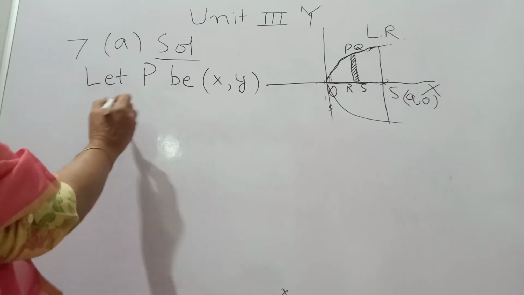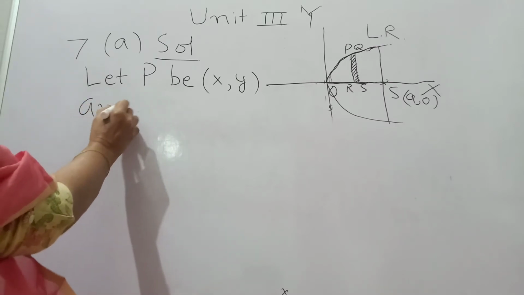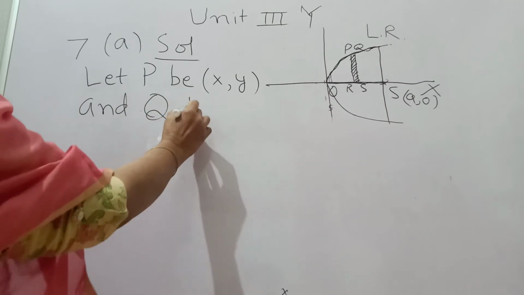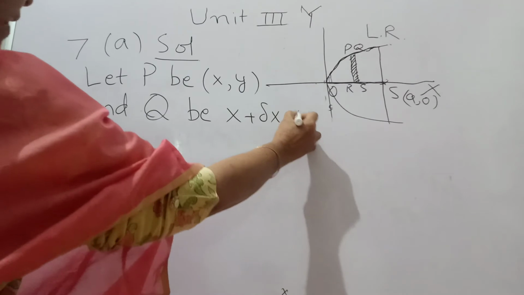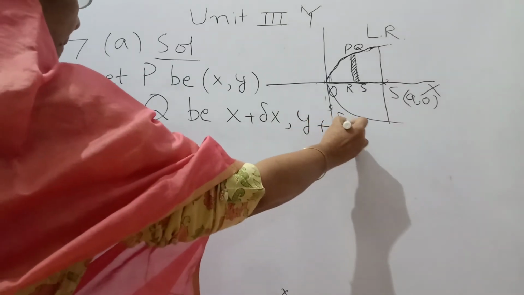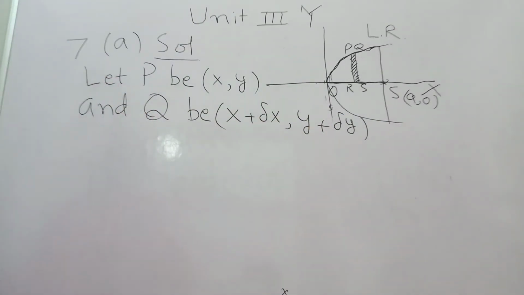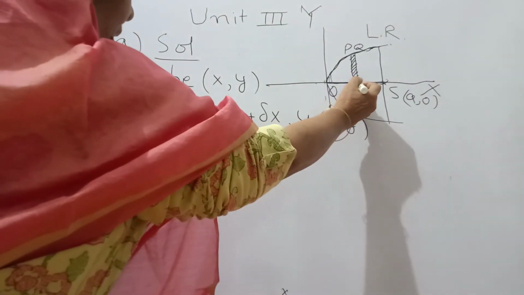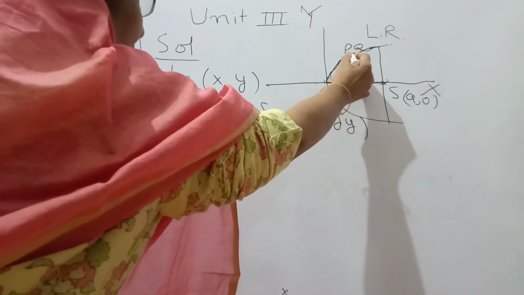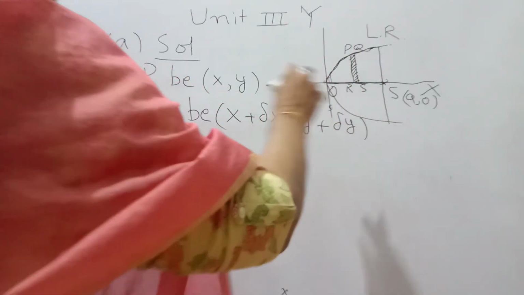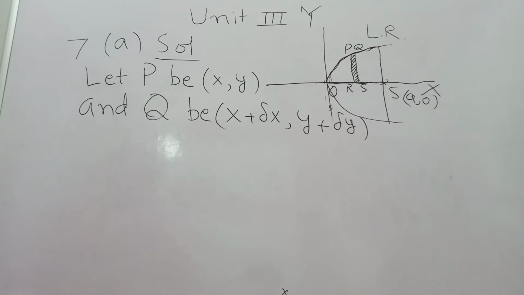So P is this and Q is x plus delta x, y plus delta y. So that the strip will be, this is your x, this is your delta x, this is your y, this is your delta y.